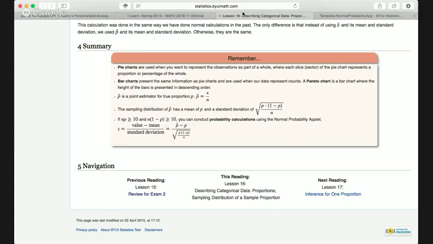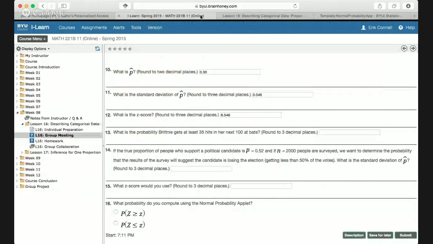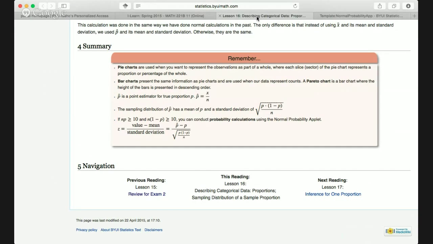Yeah, that doesn't seem right. Oh, you know why? Because now we're doing a proportion, which the formula for that is p hat equals x divided by n.